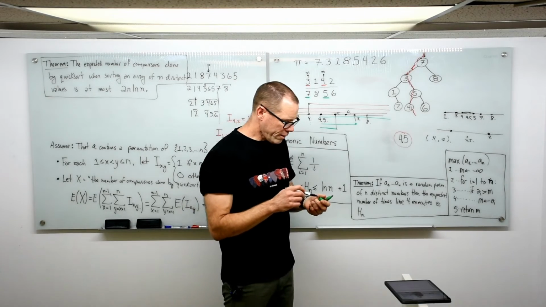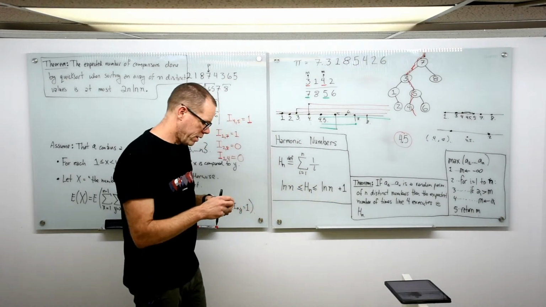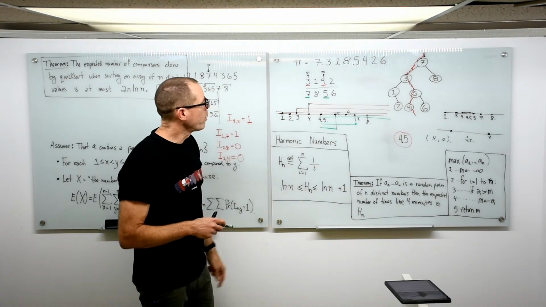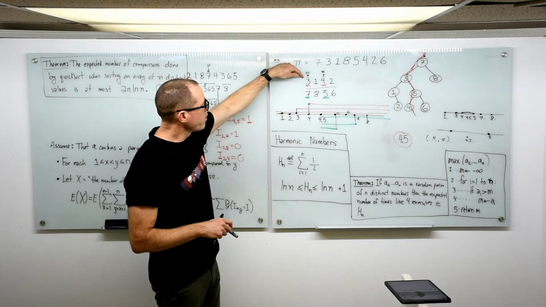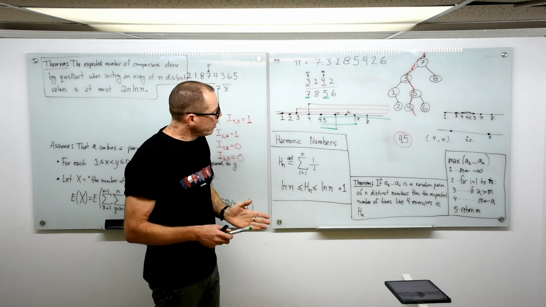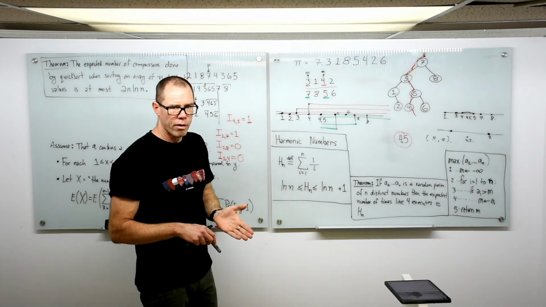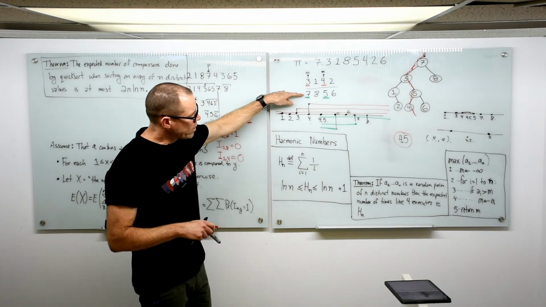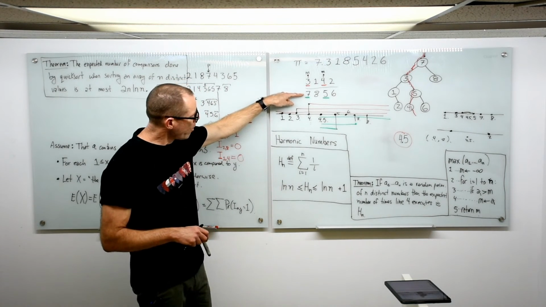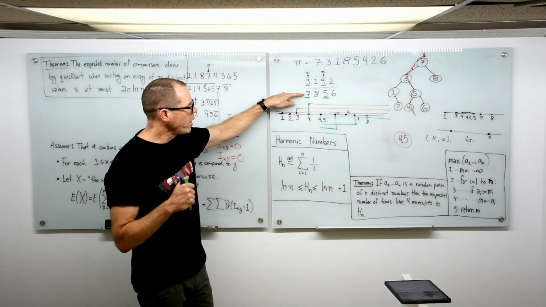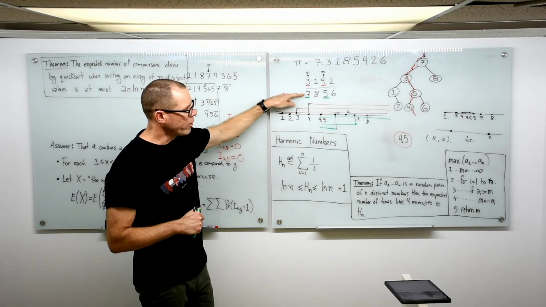So it's not a coincidence that if I look at all of the things in this sequence which are smaller than what I'm looking for, each time I see one that's larger than any of the previous ones, that is something that will get compared to 4.5. And the same thing happens here, except now instead of the largest having to see something larger every time, I just have to see something smaller every time.